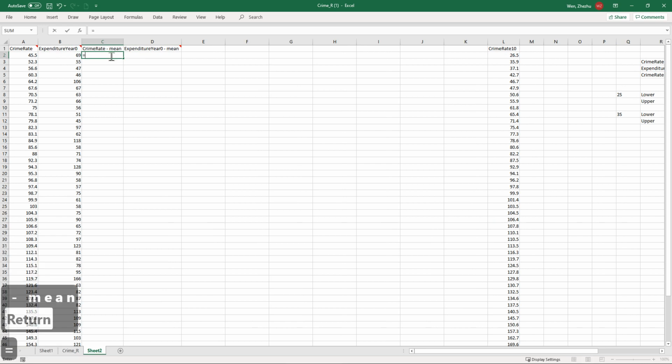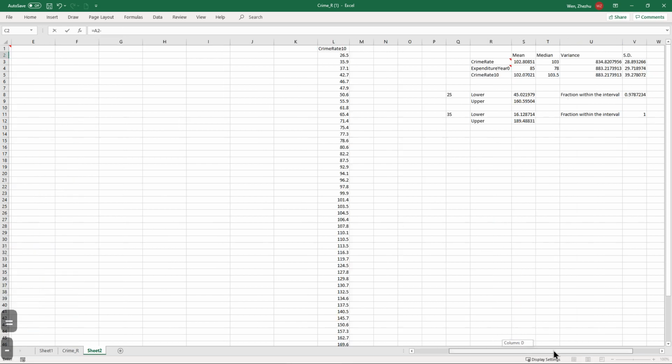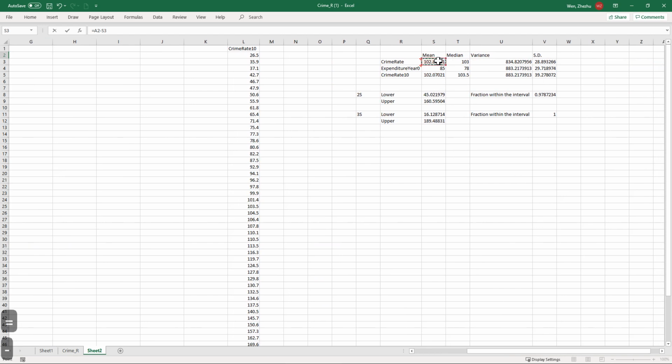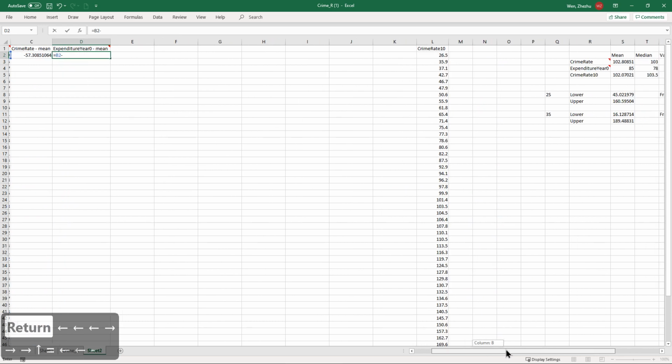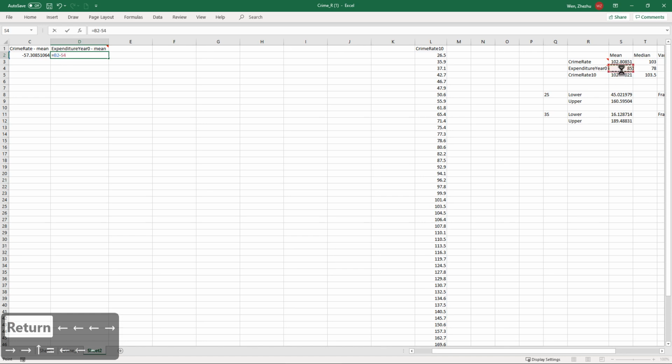So it's going to be this value minus the average, which is way to the right, here, the expenditure. This value minus the average of the expenditure.